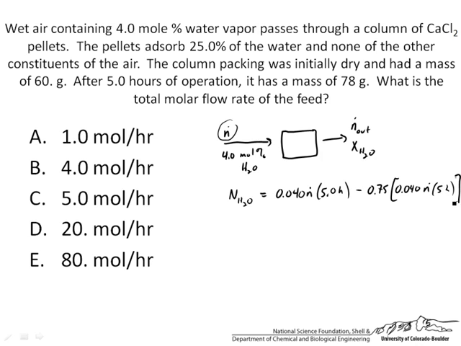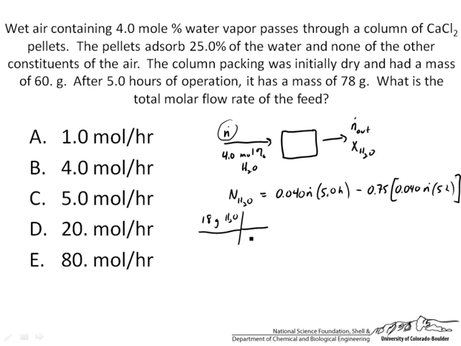Close the bracket there. Now we just need to know how many moles of water are being absorbed by the calcium chloride. We're given that there's a gain in mass from 60 grams to 78 grams, so a gain of 18 grams of water.